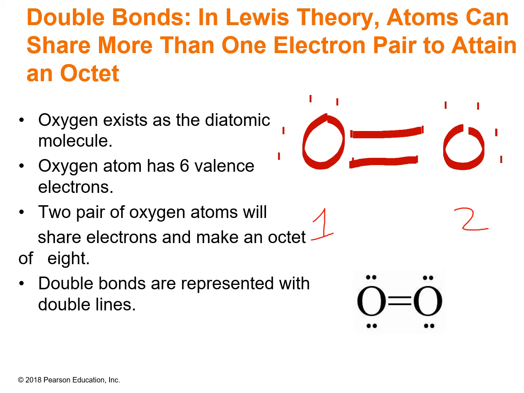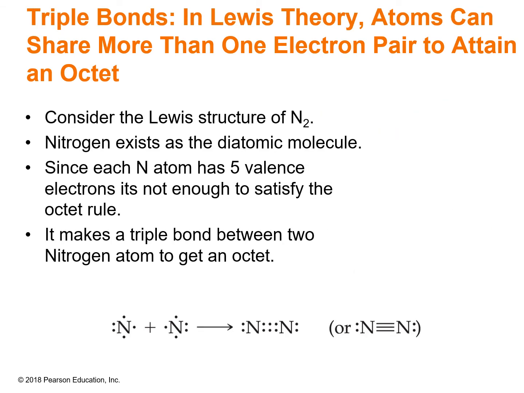The first oxygen had 6 electrons of its own, 7th and 8th coming from the second oxygen. And similarly, the second oxygen had 6 electrons of its own and 7th and 8th coming from the first oxygen. Okay, so this is an example where we can show a double bond in a given structure. Similarly, the structure of the nitrogen molecule shows a triple bond.